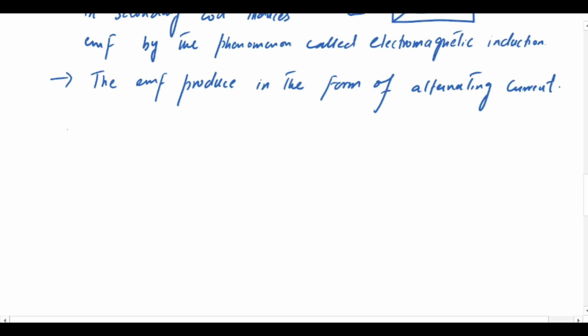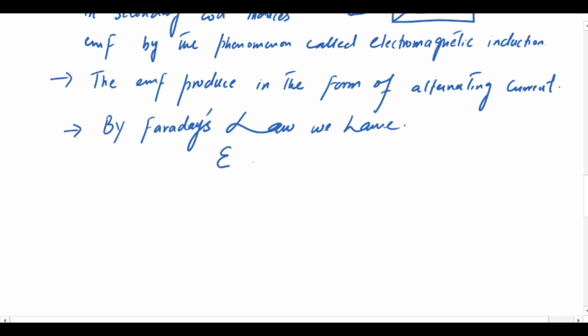Here I write, by Faraday's law we have, the EMF induced is directly proportional to the number of turns and the rate of change of magnetic flux. Flux means the flow of magnetic lines. This is Faraday's law.